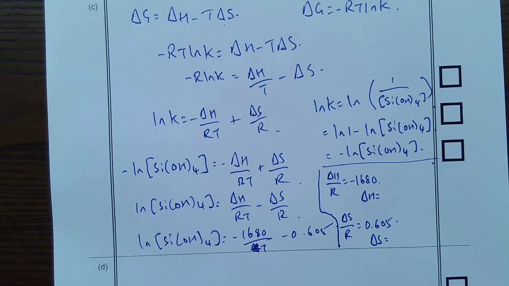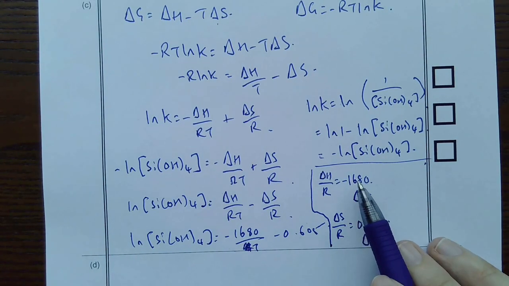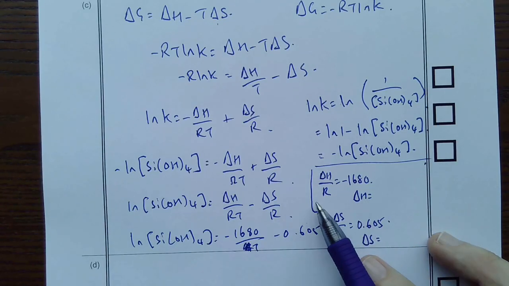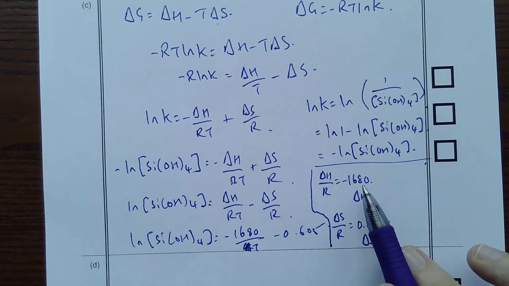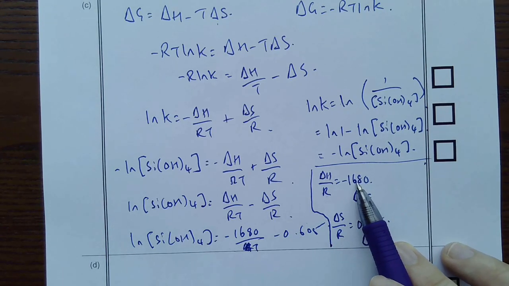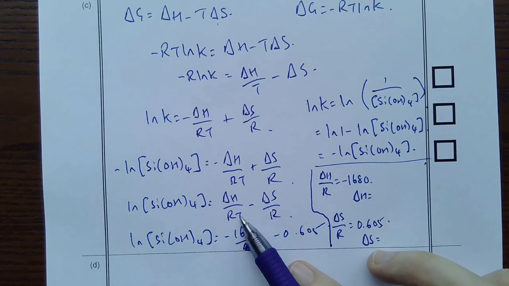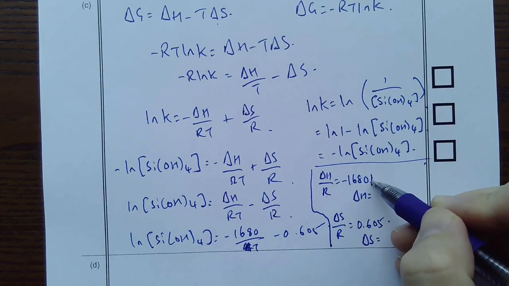And just to be really careful, this number is just a number. R is going to be in, no, hold on a second. This number here must be, because it's delta H divided by RT, whatever this number is, it must be Kelvin.